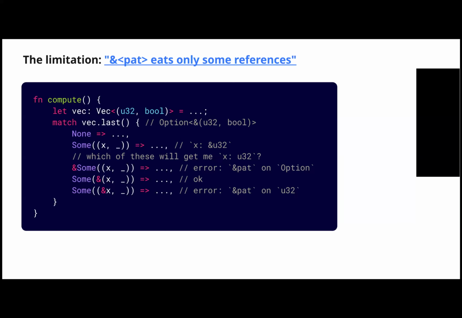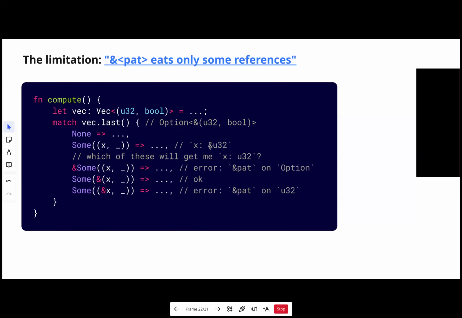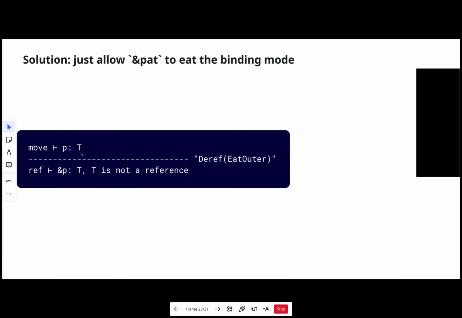The sort of obvious solution would be, oh, well, we know that the default binding mode of ref sort of works like a reference, right? The reason x is a reference type here is because there's a default binding mode around here that sort of becomes a reference. So one thing we could do is add this rule.